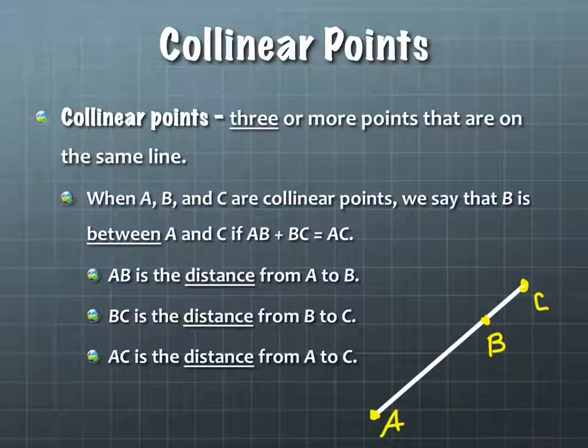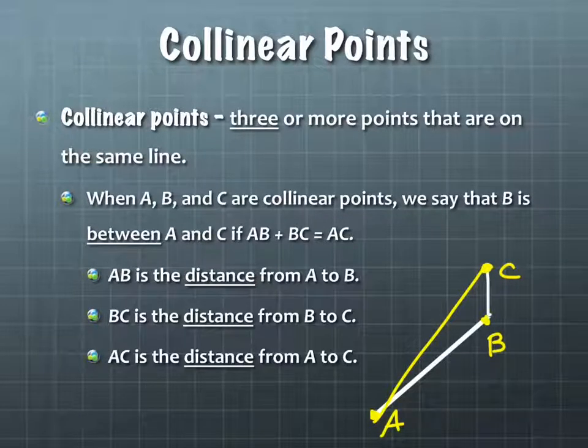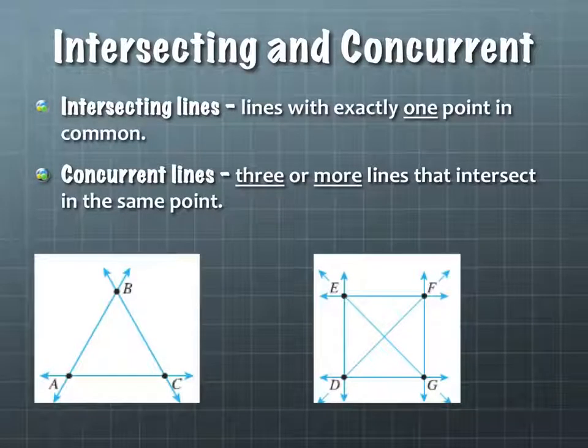If they're not collinear, for example, let's say this didn't look like this and it looked like that, this fact would not be true, because the distance from A to B added to the distance from B to C is not the distance from A to C. There's a different distance. The most direct distance is actually not the same. So this fact only works if you're talking about collinear points. Intersecting lines are lines with exactly one point in common.